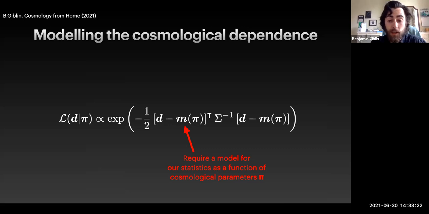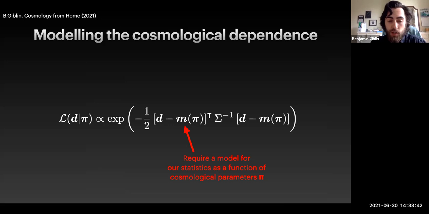This is the thing that you have to evaluate in order to find the best fit cosmology for your data. So this gives the likelihood of some given data, D, given some cosmological parameters denoted pi.